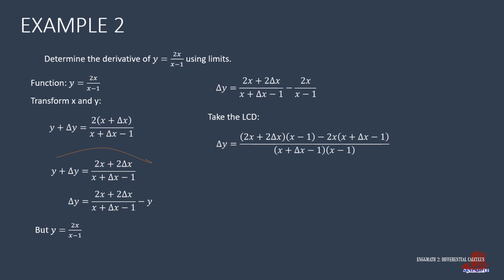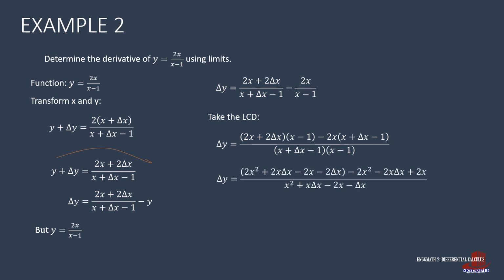So delta y becomes the quantity of 2x plus 2 delta x times x minus 1 minus 2x times x plus delta x minus 1, both terms over the quantity x plus delta x minus 1 times the quantity of x minus 1.